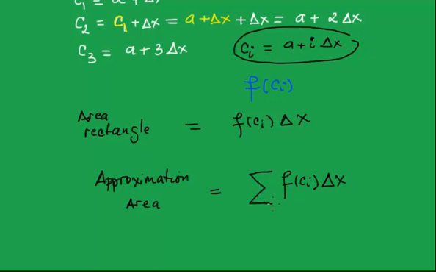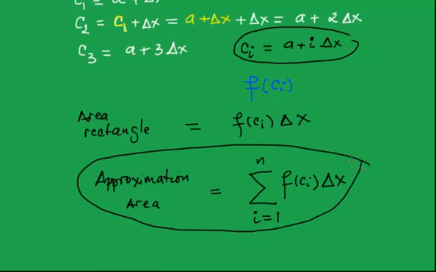So we have the summation here from i equals 1, remember, we are using left and right endpoints, up to n. So this is an approximation of that area. And remember, n is the number of rectangles.